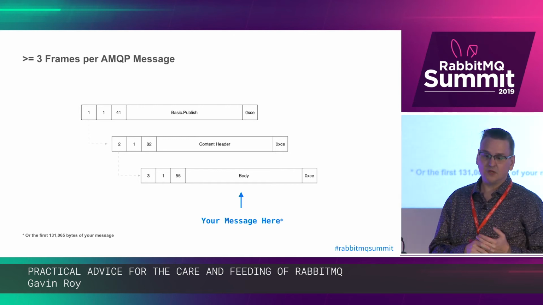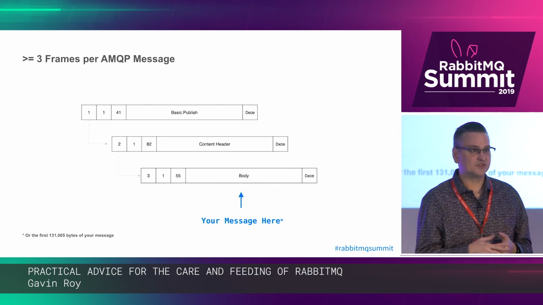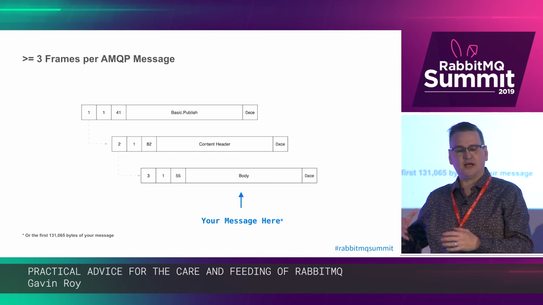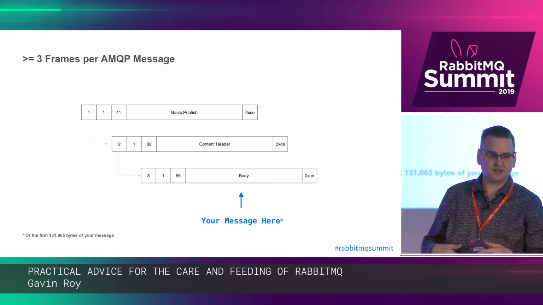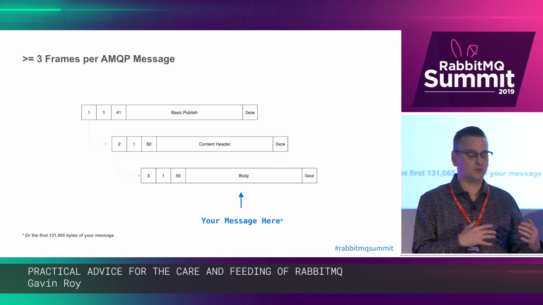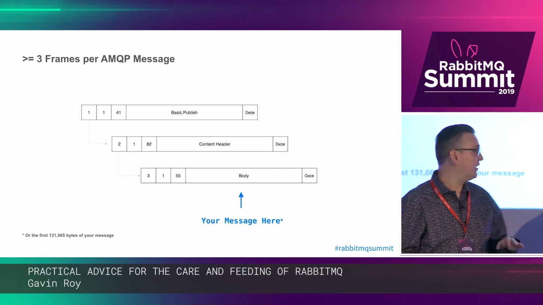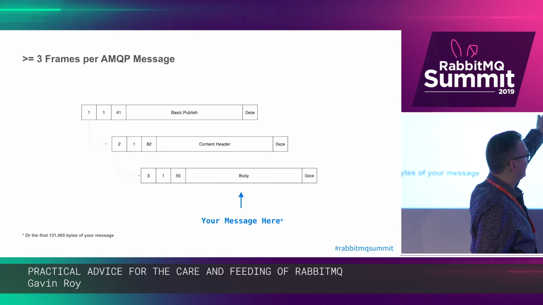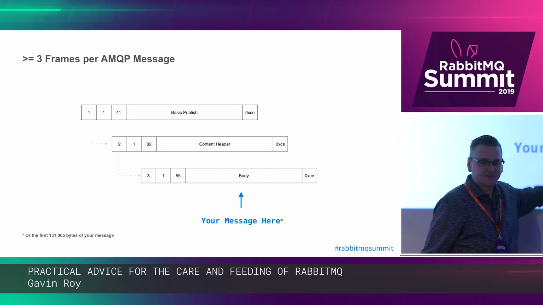We're going to send a frame with the content header, which is going to include how big the body of the message is and all of the message properties associated with it. And then we're going to have one or more body frames, and within that body frame, your message.